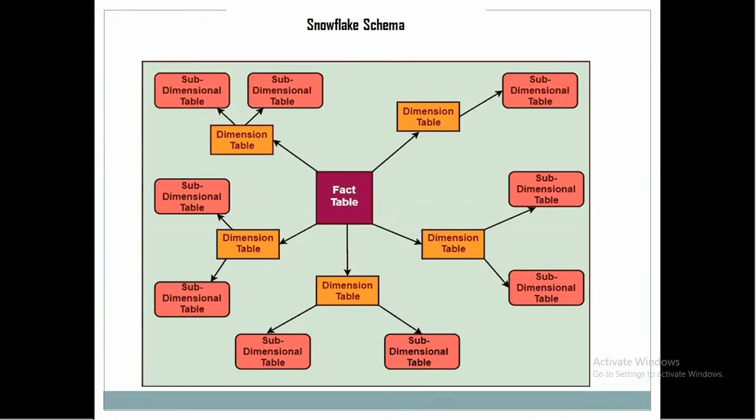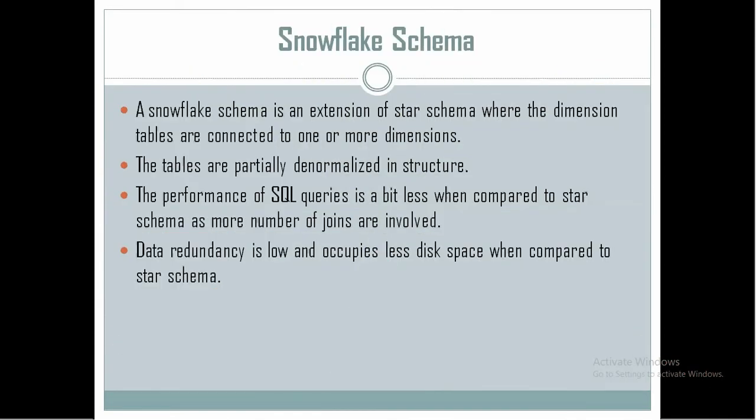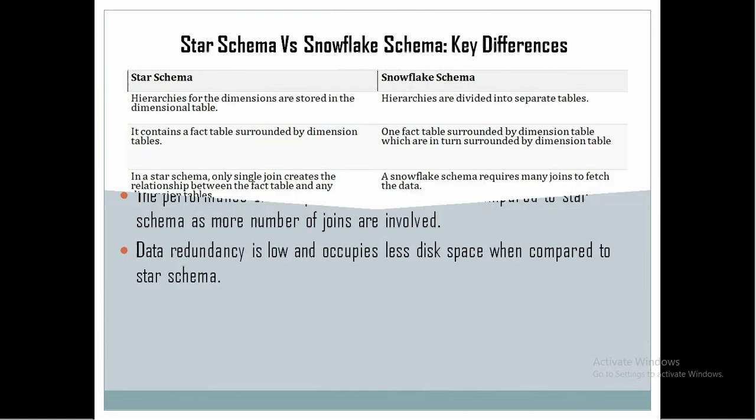This is the snowflake schema: fact table, dimension table, then sub-dimension table. It is an extension of star schema where the dimension tables are connected to one or more dimensions. Tables are partially denormalized in structure. Query performance is a bit lower compared to star schema as more joins are involved. Data redundancy is low and occupies less disk space.